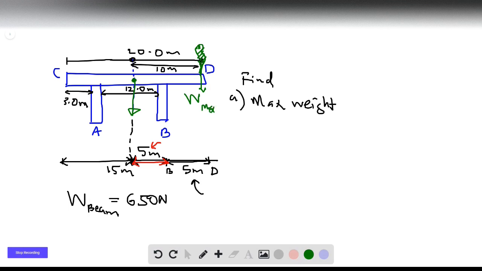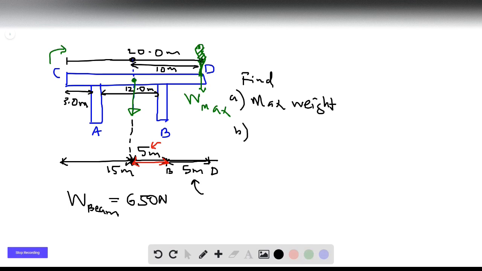That's the maximum weight without the beam tipping. The beam is just about to tip, so we want to find what's this maximum weight, calling it W max. If they're stepping right here, it means the beam is about to tip. So that's the first part of the problem we want to find out.